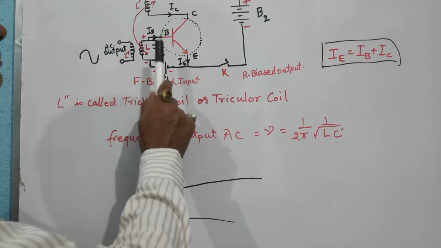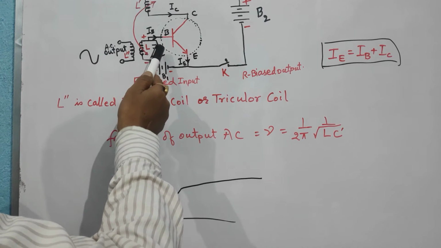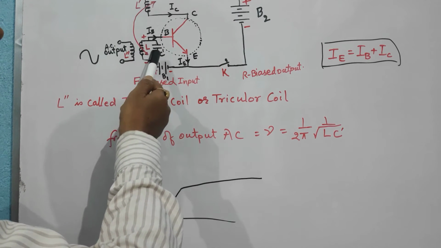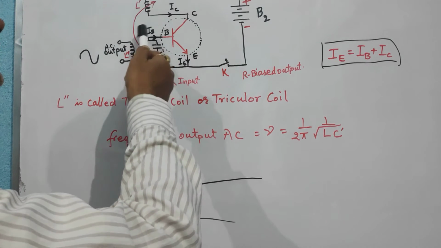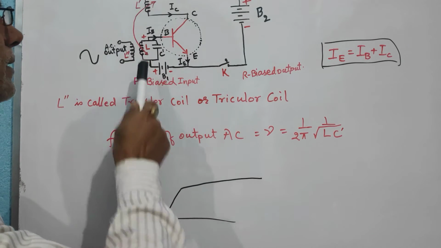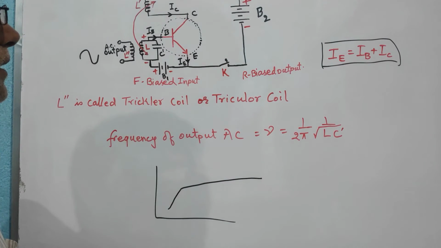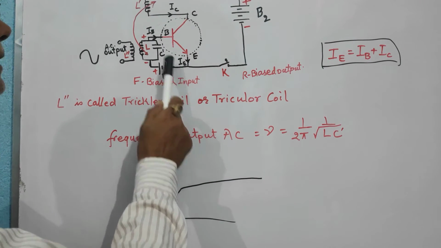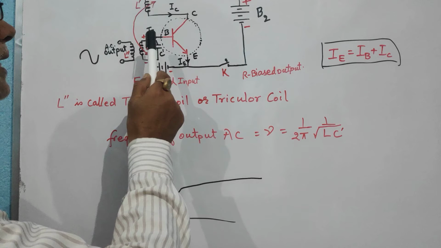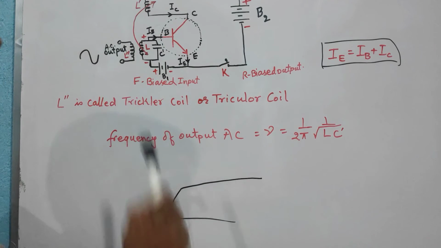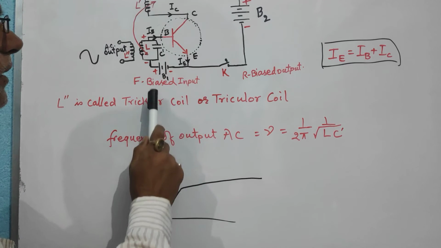Then in that case the capacitor C dash starts discharging, and this discharge will be in the reverse direction, meaning it will move in an anti-clockwise direction, and therefore the forward bias of the emitter base input circuit will be decreased due to the flow of current as the C dash discharges, and as a result the forward bias is reduced.